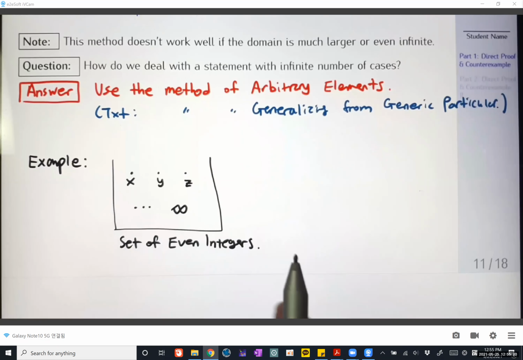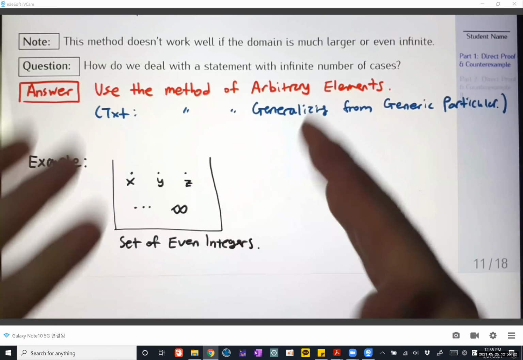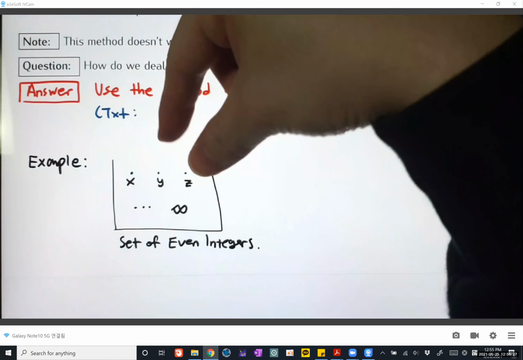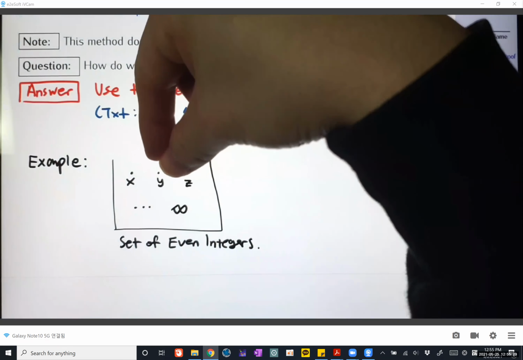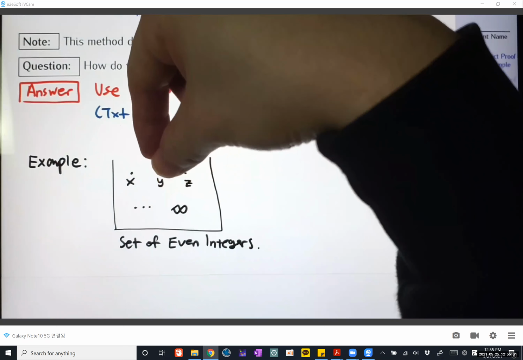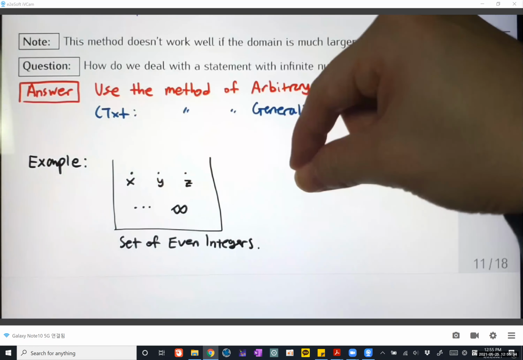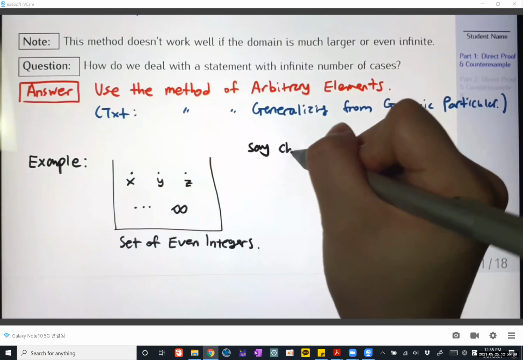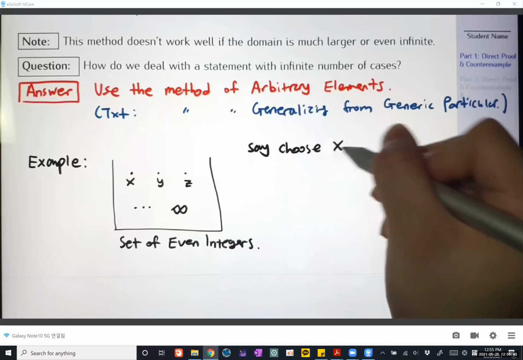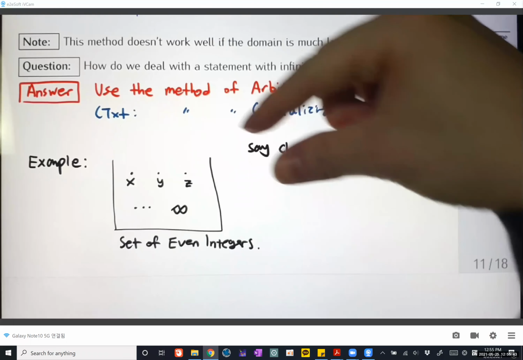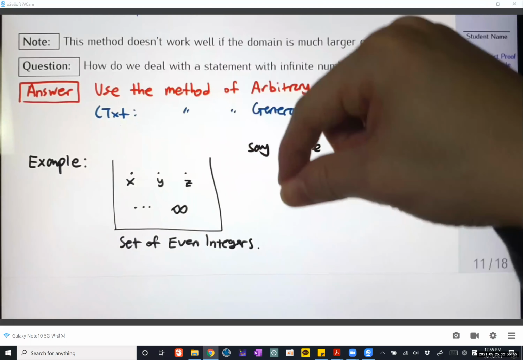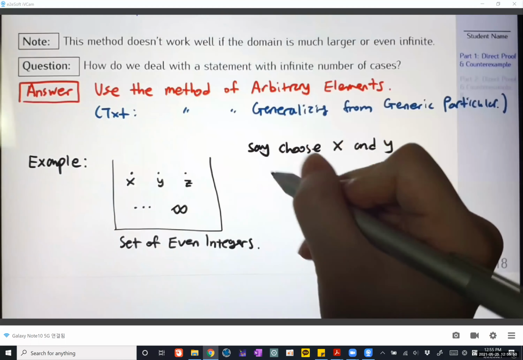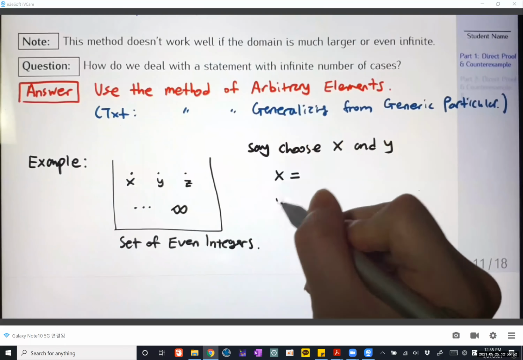Now, cover your eyes, and suppose you picked a random element in the box. Say you chose X and Y. So say you chose X and put it here, and you chose Y and put it there.